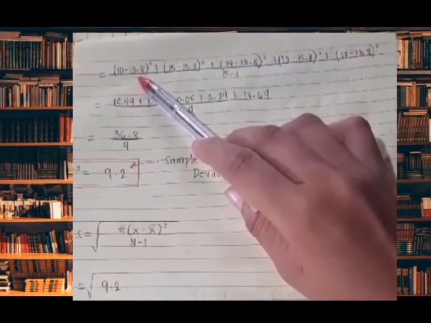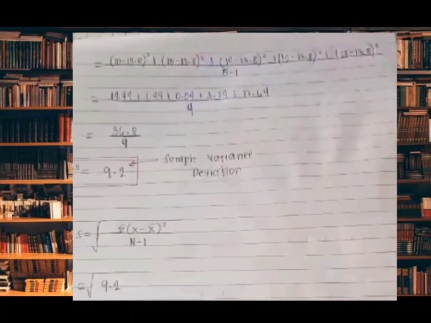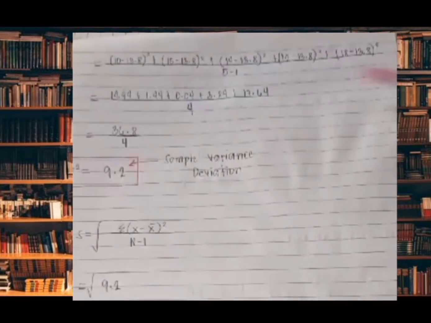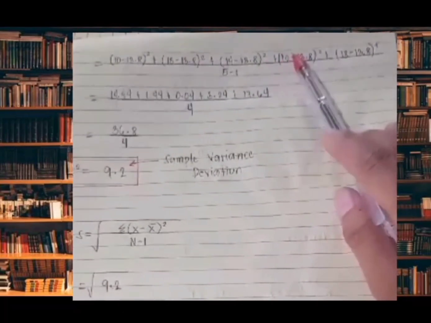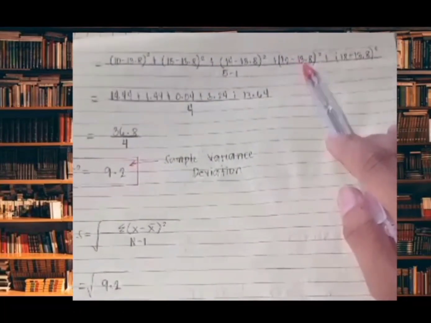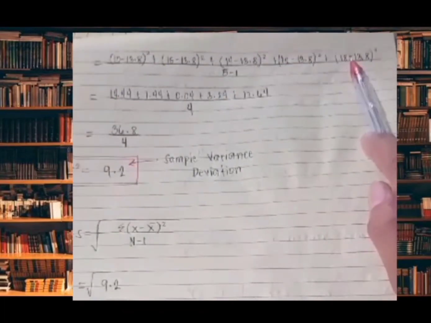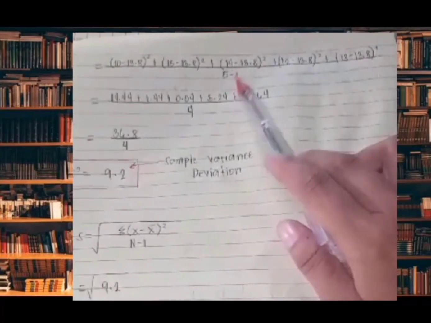10 minus 13.8 squared plus 15 minus 13.8 squared plus 14 minus 13.8 squared plus 12 minus 13.8 squared plus 18 minus 13.8 squared divided by 5 minus 1.